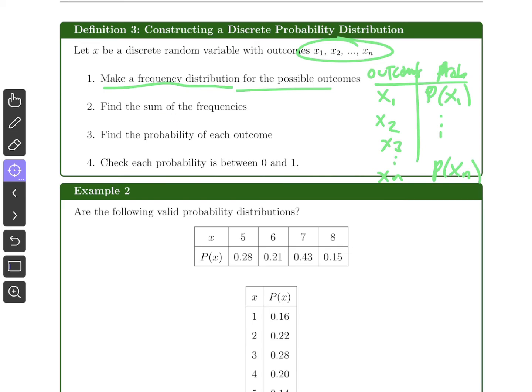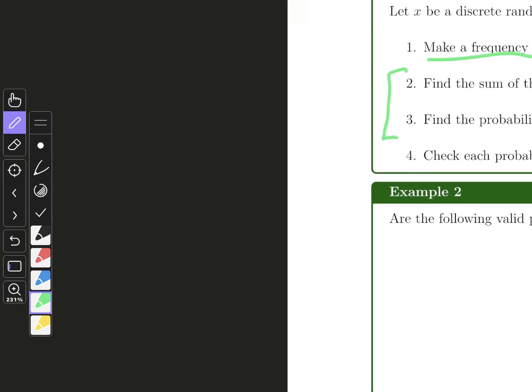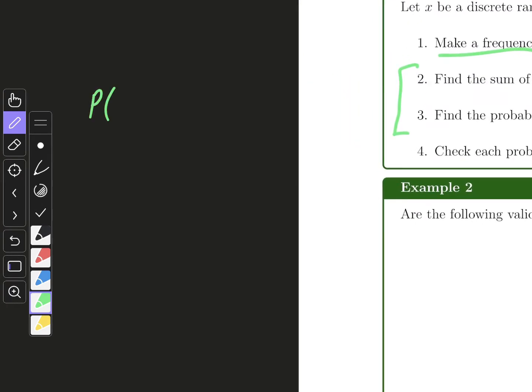Then what you want to do is calculate the probability. Sorry, I didn't actually finish reading this. This is how you actually calculate the probability, right? It's summing the frequency. So if you want the probability of x1, you find out how many times x1 shows up divided by the total sample size. So I'm just going to write sample size here.